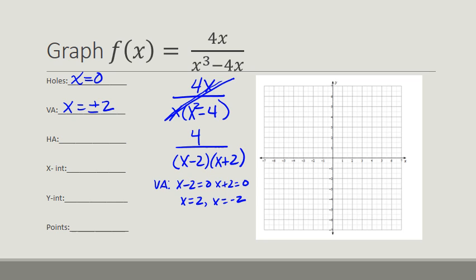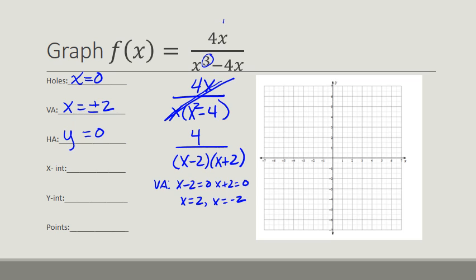Because the top is lower than the bottom, the degree of the top is 1, the degree of the bottom is 3, it's y equals 0. My x-intercept, if I were to put 0 in for y, I'm going to get 0.